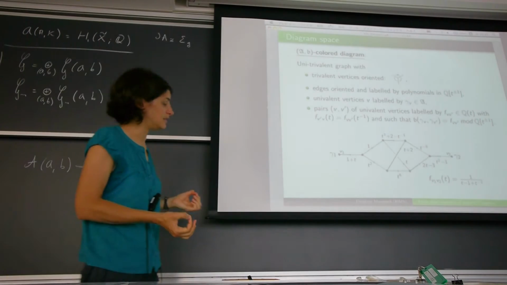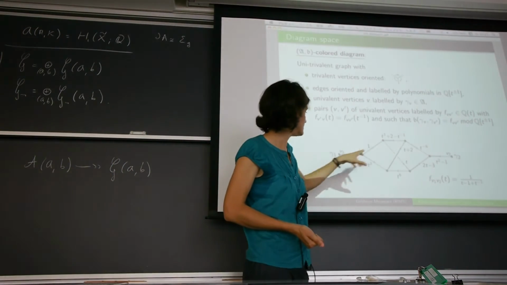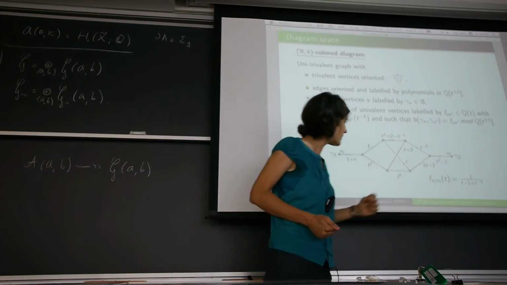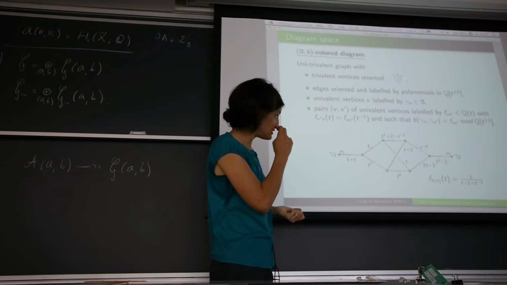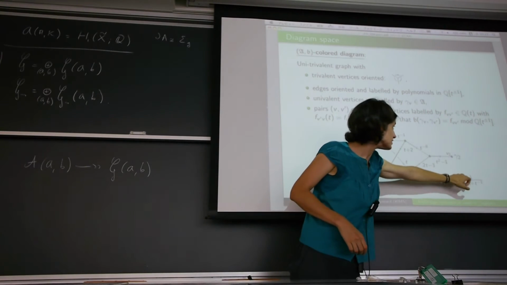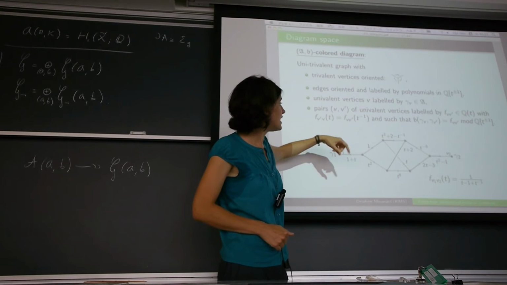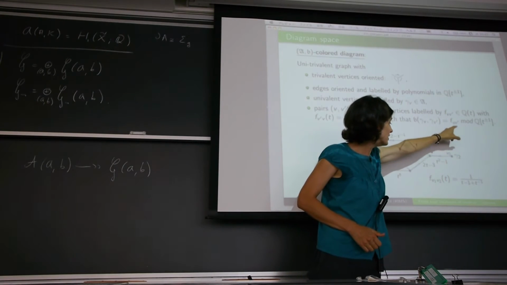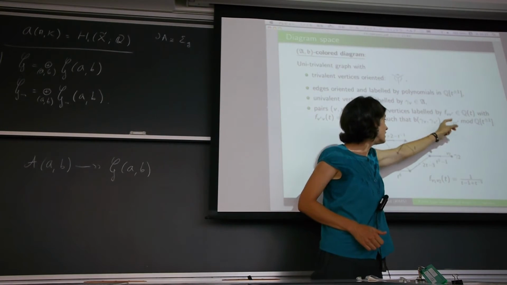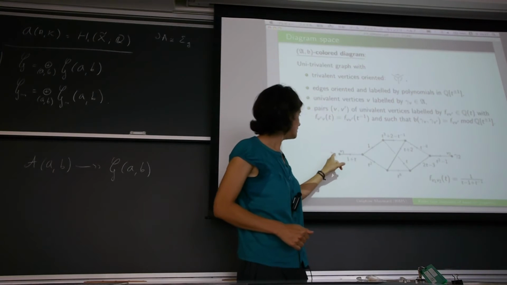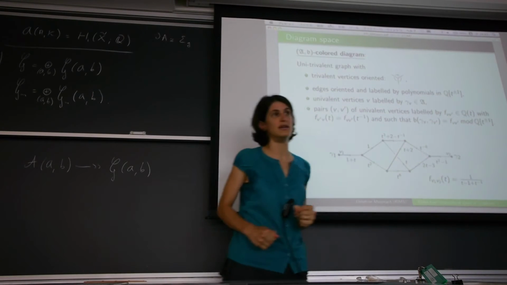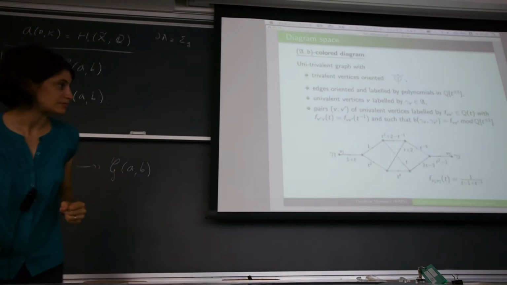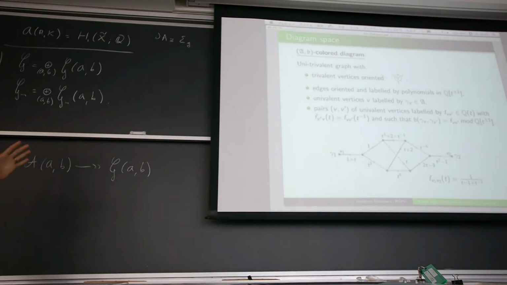And the pairs of univalent vertices, so here in the example we have only one pair, are labeled by some rational fraction with the condition that, up to polynomial, this rational fraction gives the Blanchfield form between the two labels of the univalent vertices. So this gives a lot of conditions on this diagram.